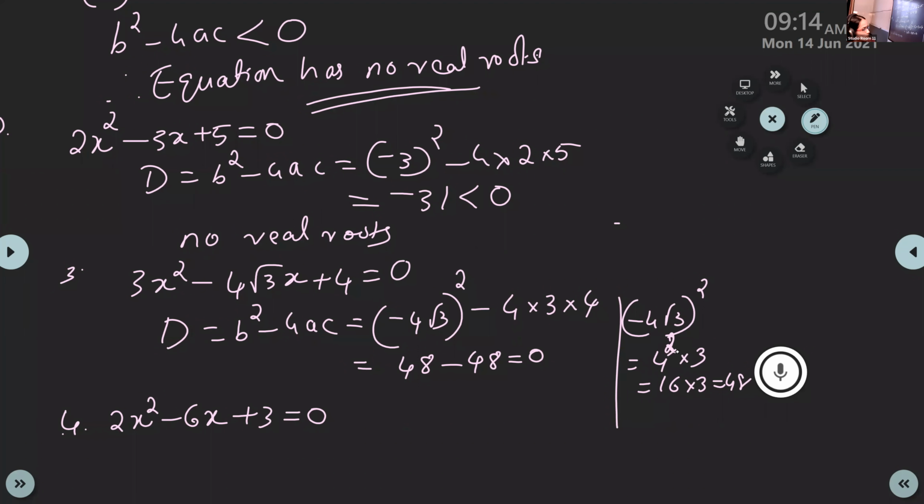Discriminant is 0. So the roots are... Angelo, what about the roots? If discriminant equal to 0, the roots of the quadratic equation, what was its nature?